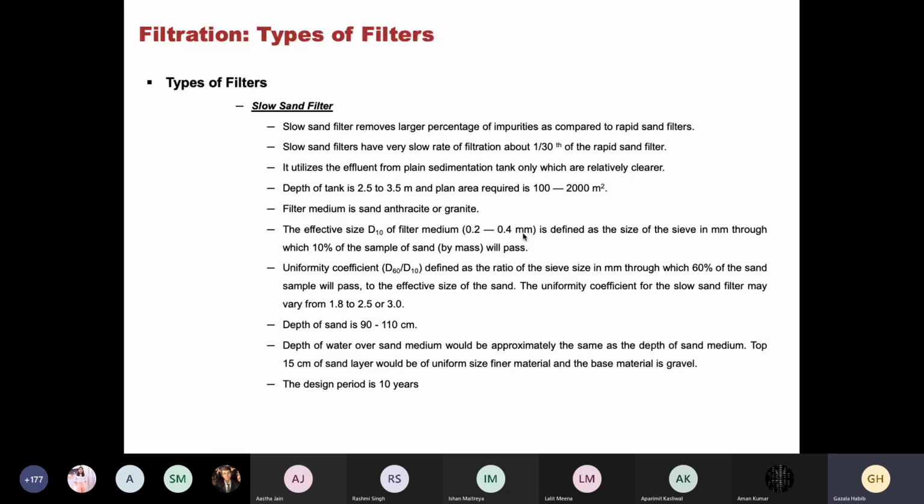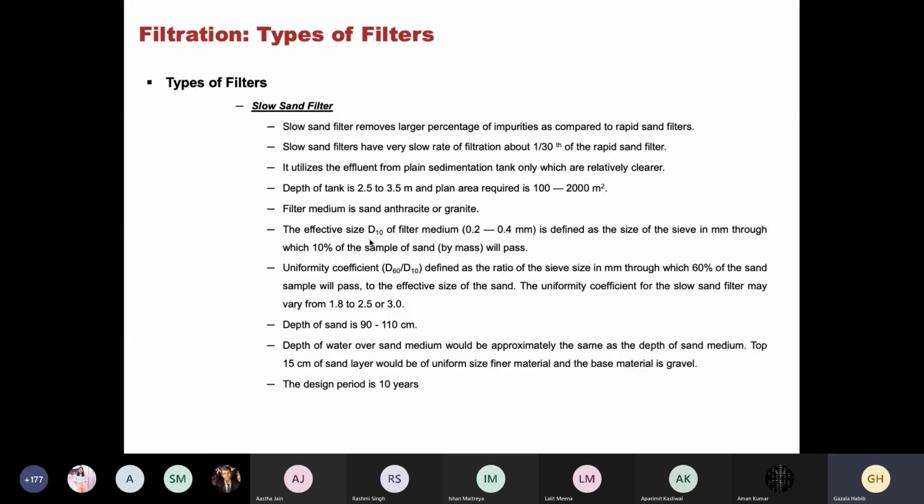Say if I am using 1 kg of sand in that filter, then 10% of 1 kg is of size 0.2 to 0.4 millimeter, which passes through a particular sieve.